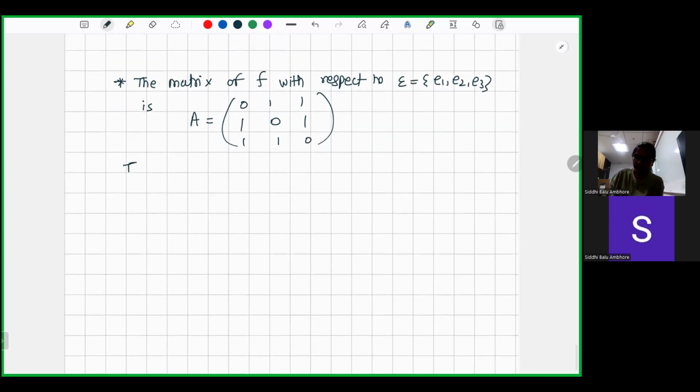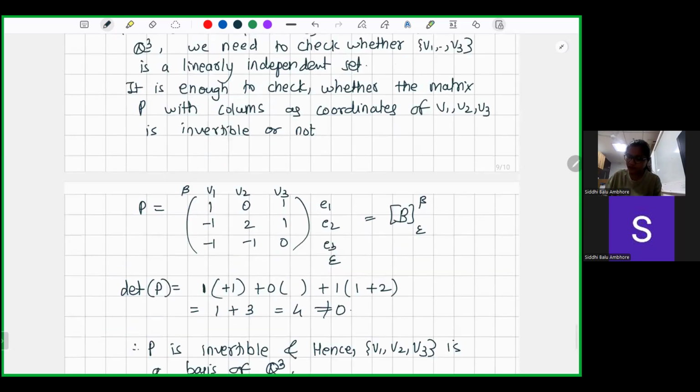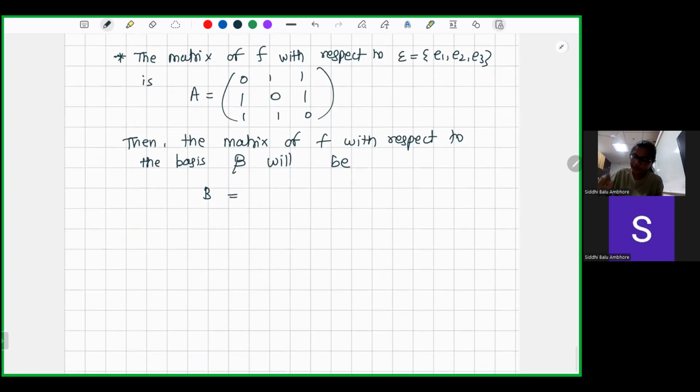So then the matrix of F with respect to the basis beta will be the matrix of F with respect to the standard basis, multiplied by the basis change matrix from epsilon to beta and its inverse.